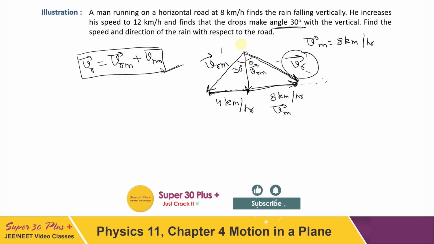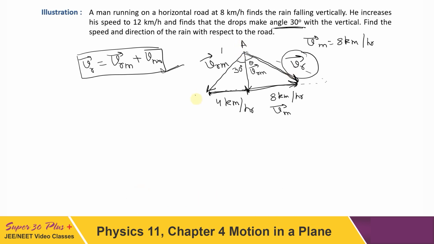Now in the triangle, if I denote this by A, B, C and D, in the triangle ABC, I can write tan 30 degrees is equal to 4 upon AC. So from here AC can be written as 4 upon tan 30 degrees, which is 1 by root 3. So this is 4 root 3. We got the value of AC. Now consider the triangle ACD.